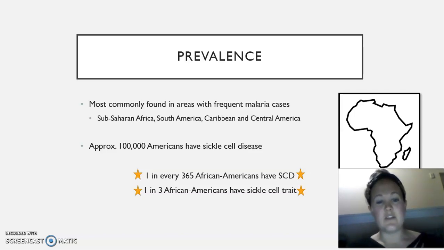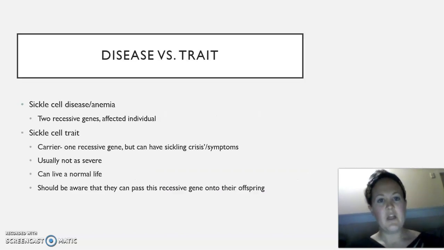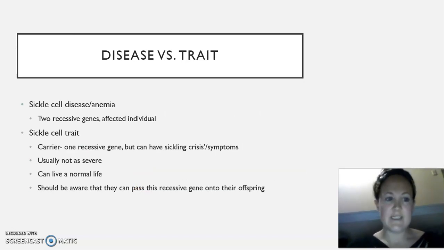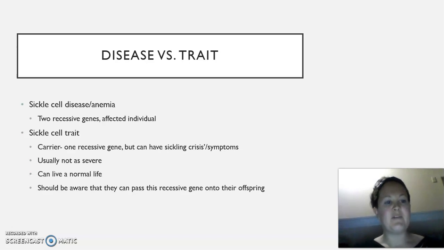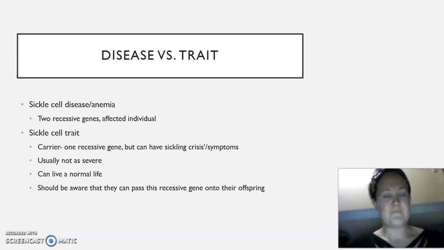And just some other interesting facts. 1 in every 365 African Americans has sickle cell disease, and about 1 in 3 African Americans has sickle cell trait. So a little bit more on the disease versus trait. If you have sickle cell disease, you will have the 2 recessive genes and be considered an affected individual.